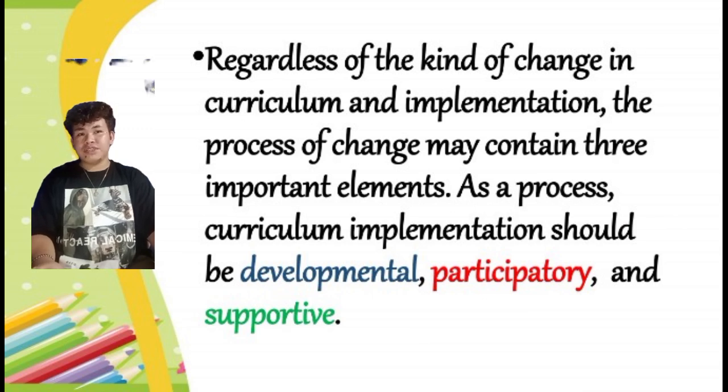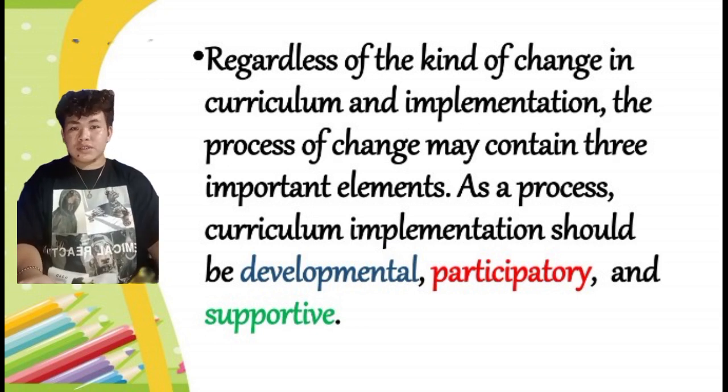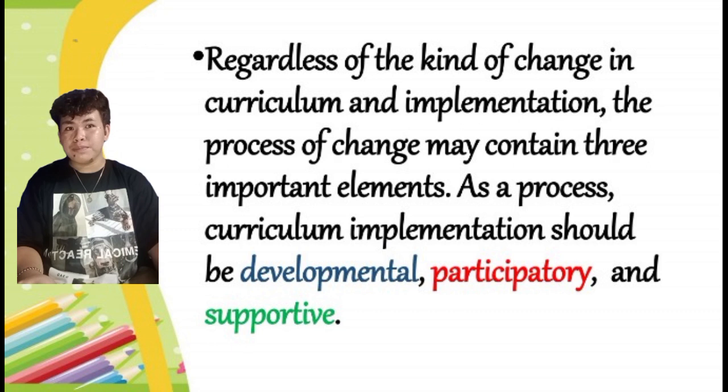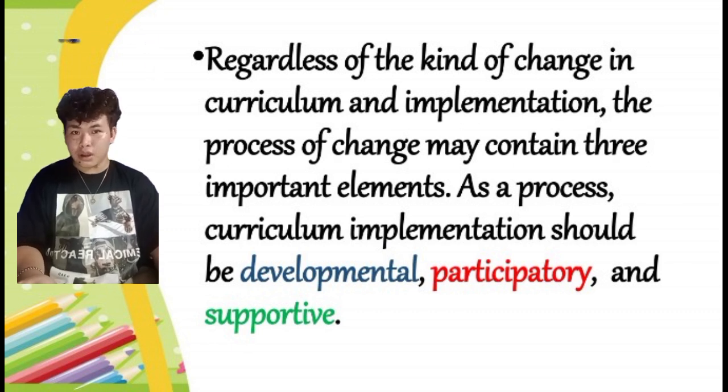Regardless of the kind of change in curriculum and implementation, the process of change may contain three important elements. As a process, curriculum implementation should be developmental, participatory, and supportive. So it should be developmental in the sense that it should develop multiple perspectives, increase integration, and make learning autonomous.